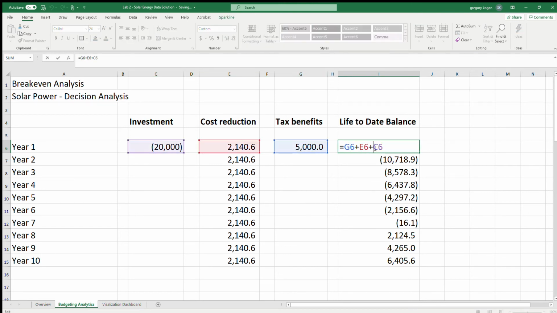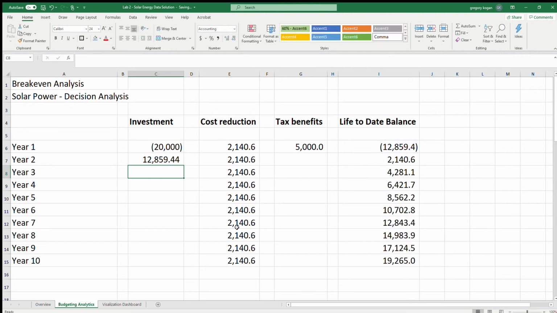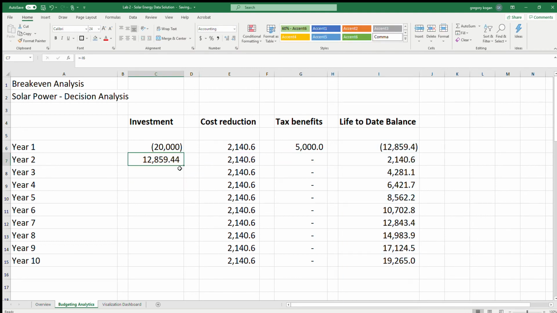We're basically looking to see what the balance of my investment is on a year-by-year basis, right? So when we connect to that, say we invested $20,000 with a $5,000 tax benefit, and the tax benefit occurs only once, so we don't have to worry about it again. Then we look at the investment balance by summing the additional benefit every year, right?